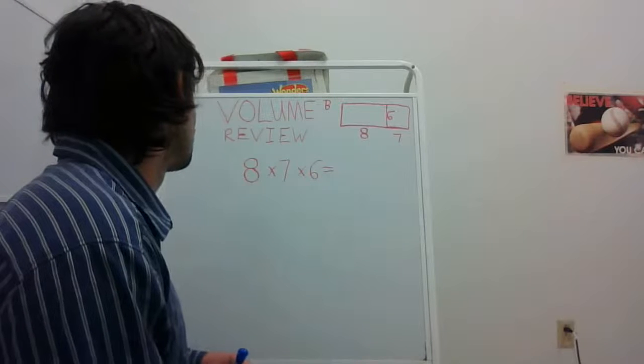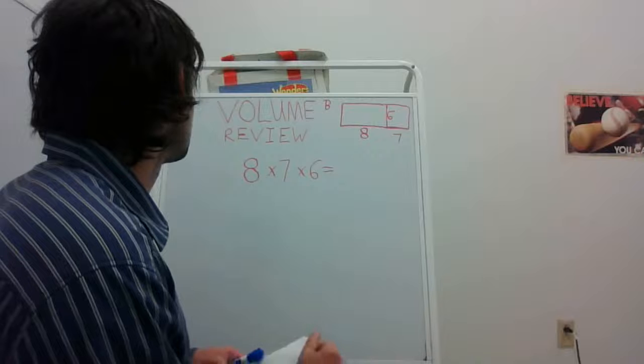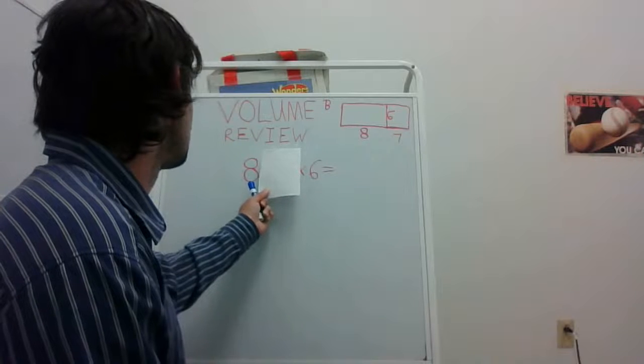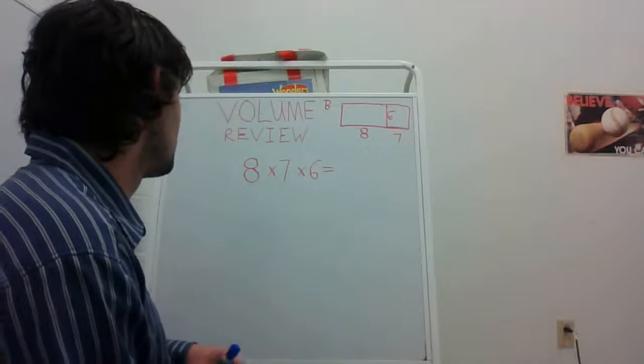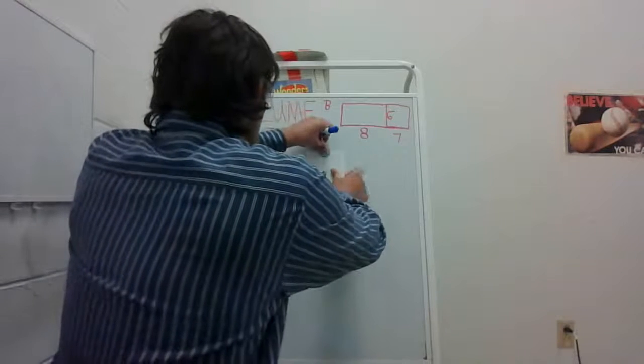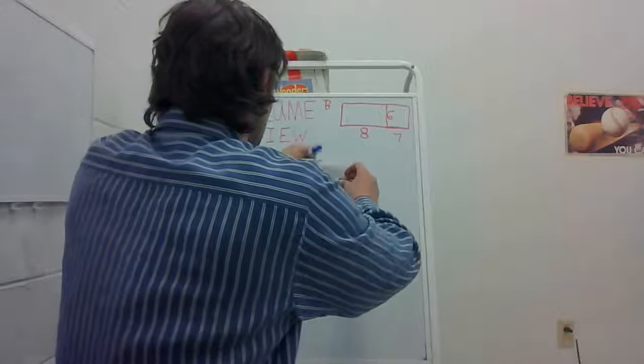All right. So again, you can choose to multiply either 8 times 6 or 8 times 7. It doesn't matter which two numbers you select. I always like to select the first two in the problem. But again, we are going to start out by multiplying 8 times 7.